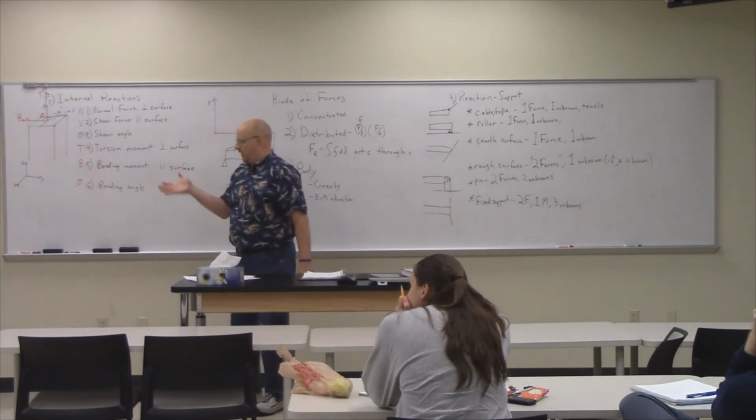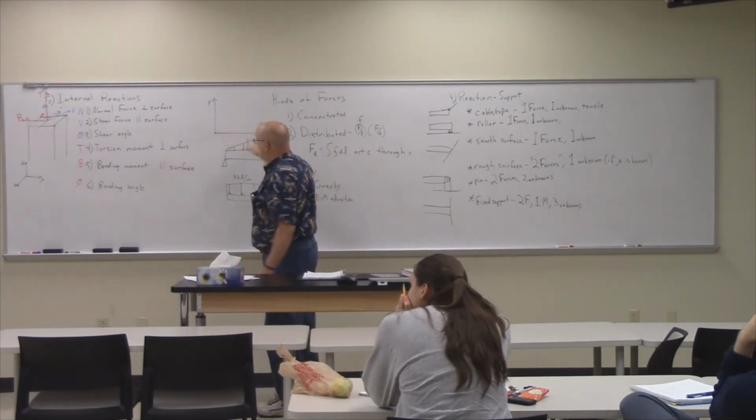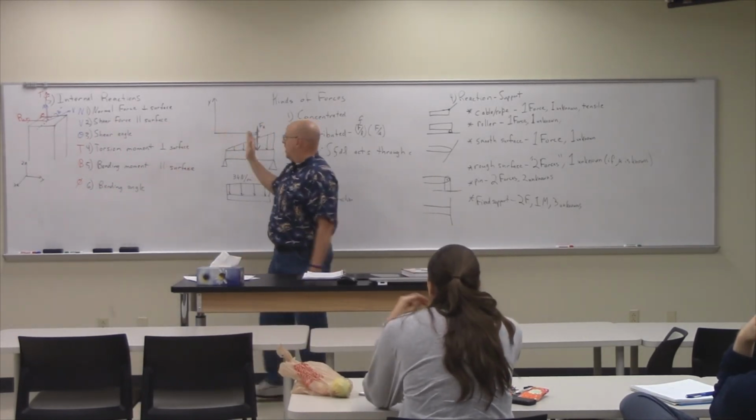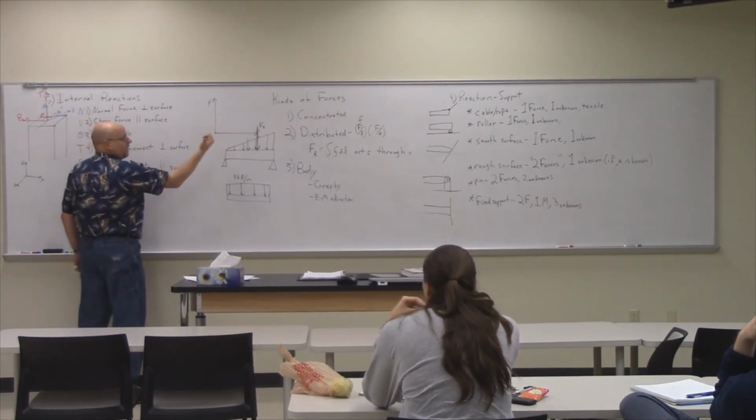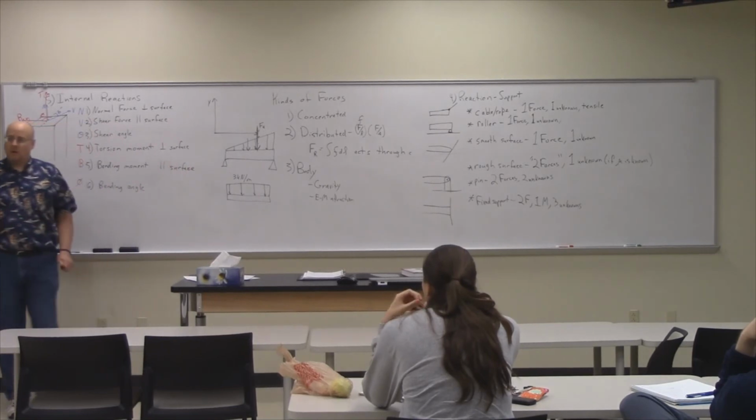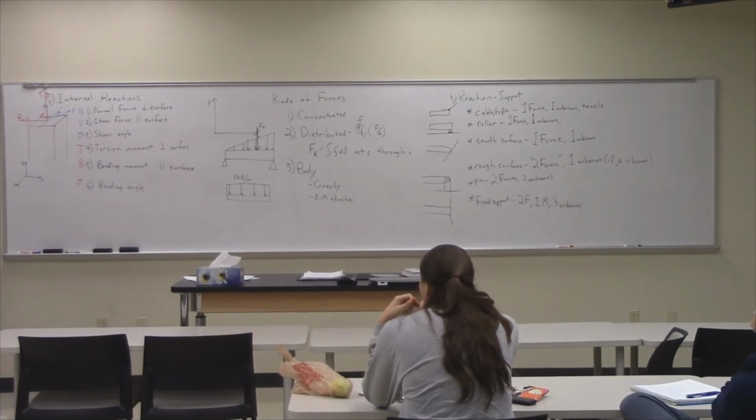It would have to be out of the board, it couldn't be into the board, because x is here, y is there, so z has to be out of the board in order for our right-hand rule to work. But that's not specific to the picture, it's just a way to label things. Once I choose one, I fix the others.